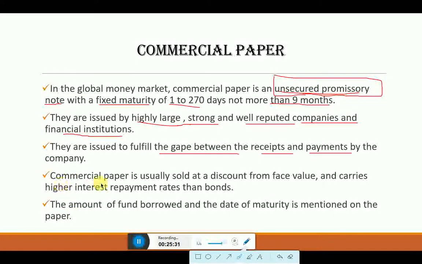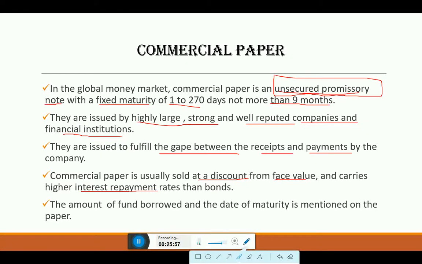Okay, commercial paper is usually sold at discount or face value and carries higher interest repayment rates than bonds. So it has a face value, sold on discount. For example, if face value is $10,000, it will be sold on, suppose, $9,800.